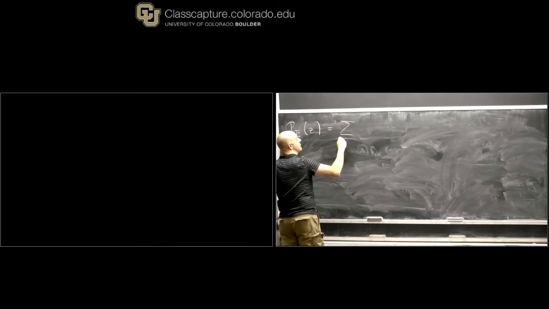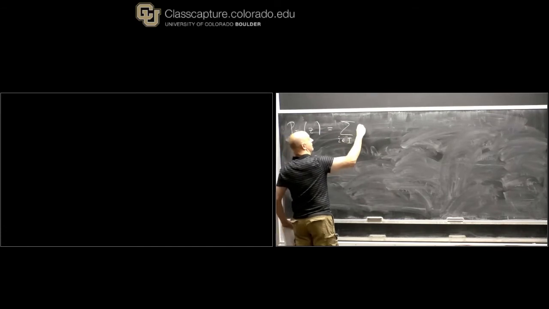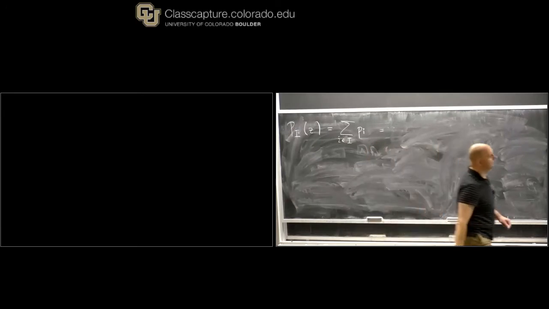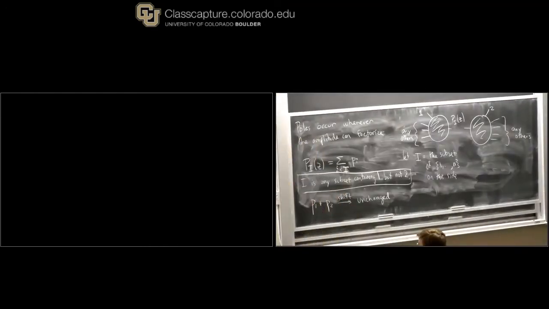So pi of z is the sum over i in I. Let me, yeah, this is a little ambiguous. So, you know what I'm going to do?